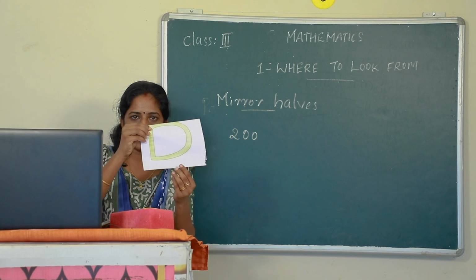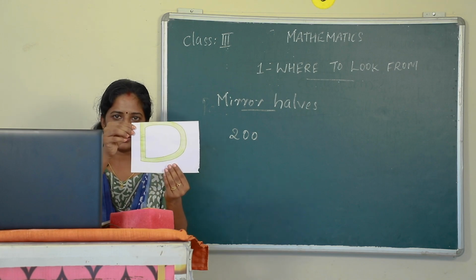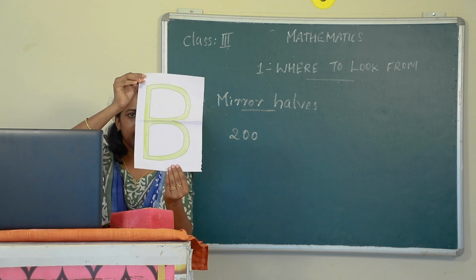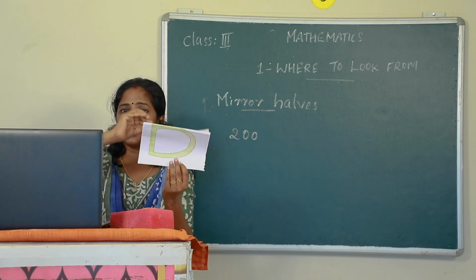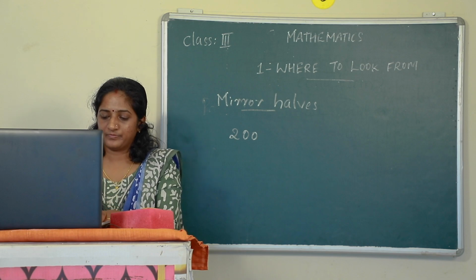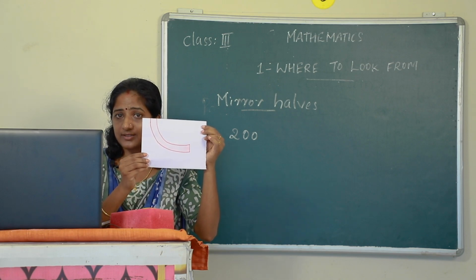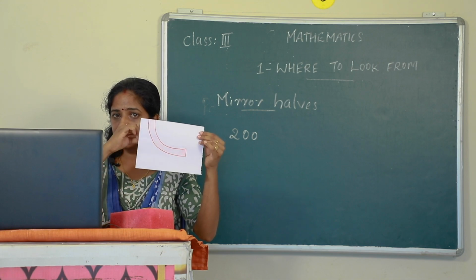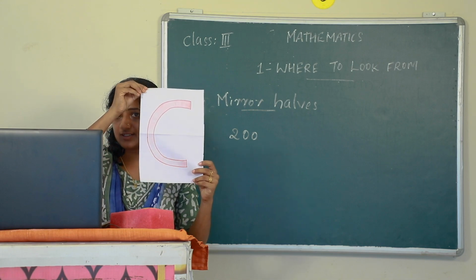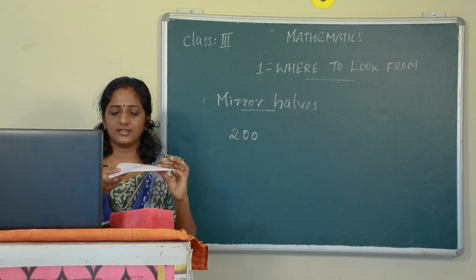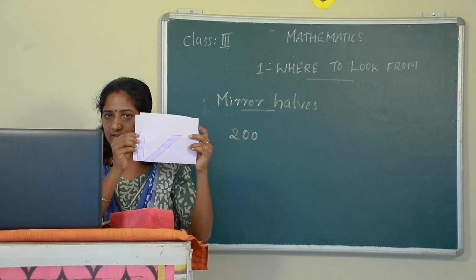Now look at this one. Can you identify this? Yes, you are correct. It is B. Now look at this one. Which is this? Yes, it's C. Now look children, which is this alphabet?